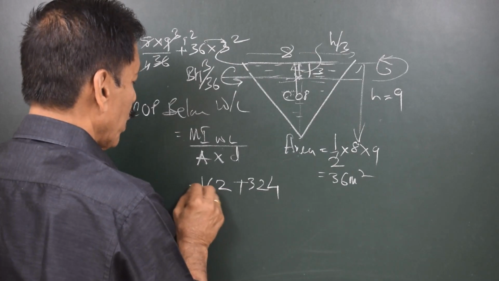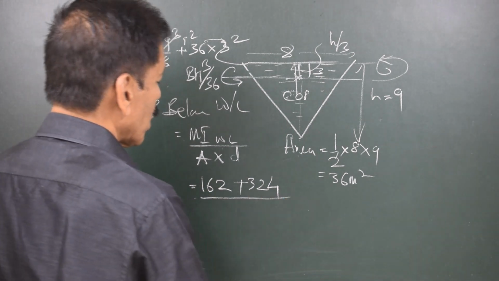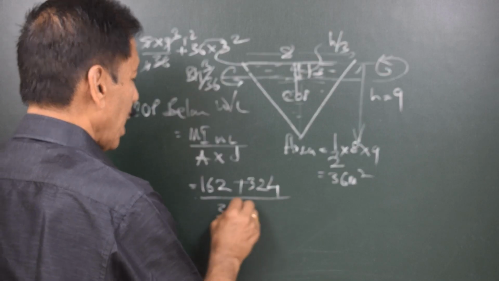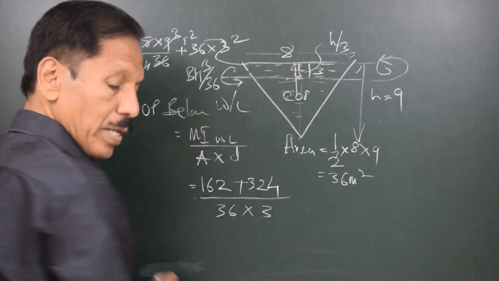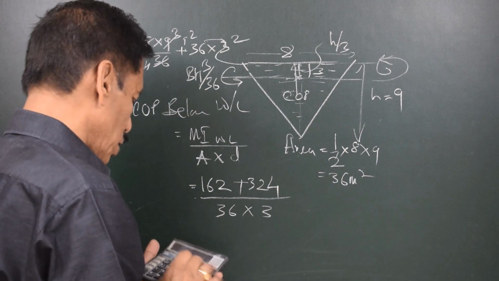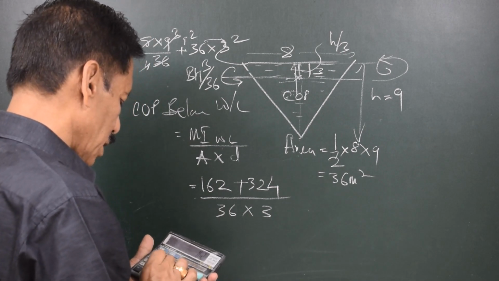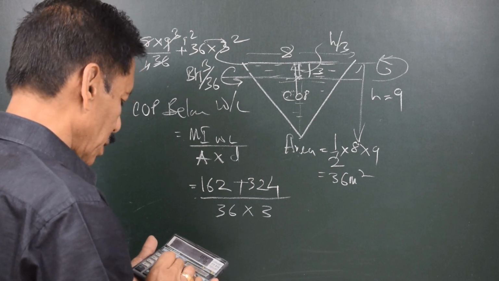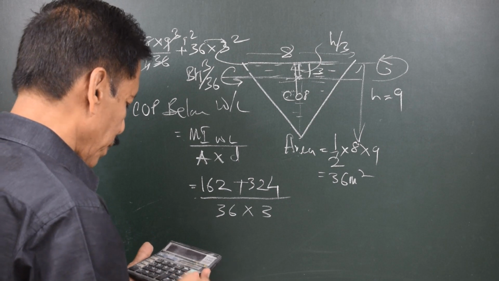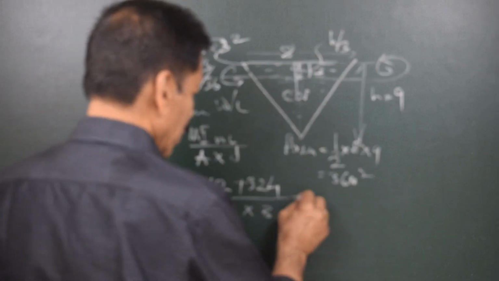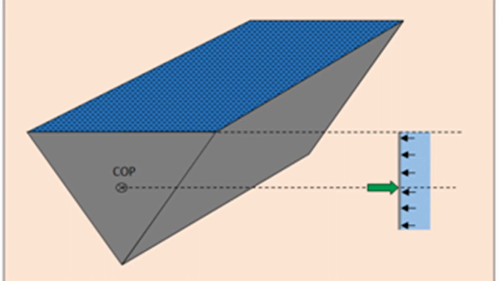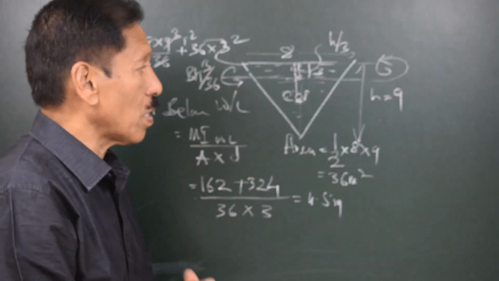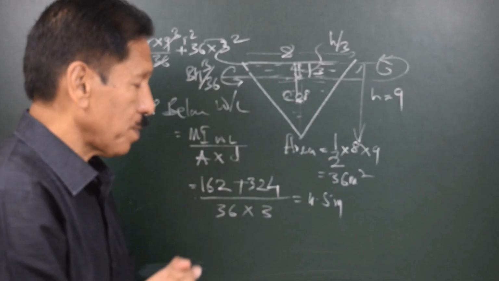So the total moment of inertia about the water level is 162 plus 324, divided by the area, 36, and depth of centroid, 3 meters. 162 plus 324 divided by 108 gives me 4.5 meters. That means the center of pressure is 4.5 meters below the water level. That is half of the H.